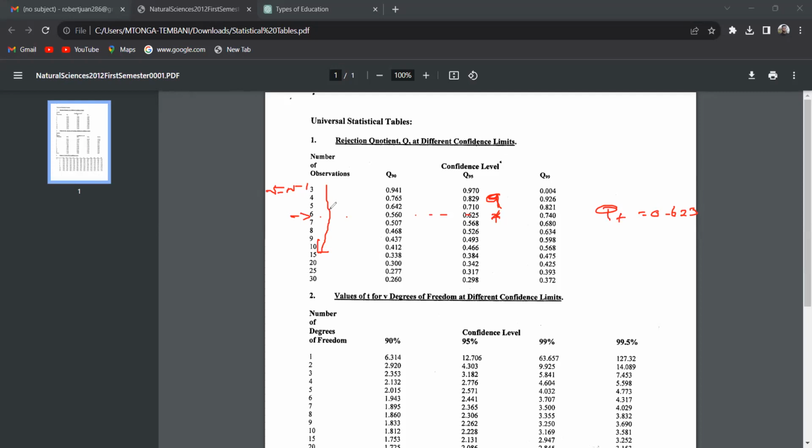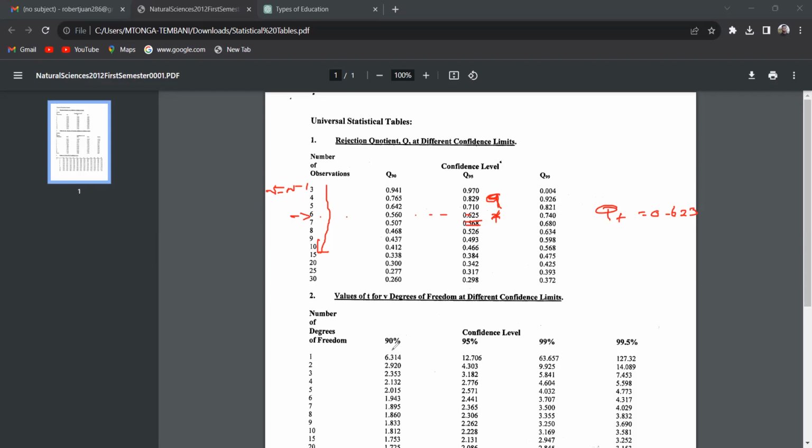Yeah, so I was saying, if you have your V given to be, for example, 6, at 95% you'll find that your Q at 95% will be 0.625. So you get this and compare it to the Q that you calculate from your data.